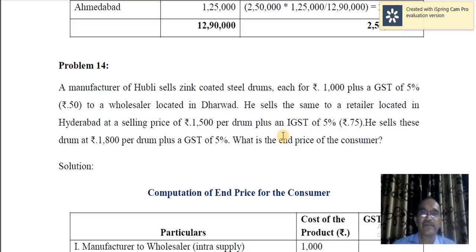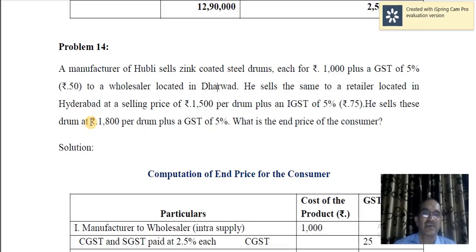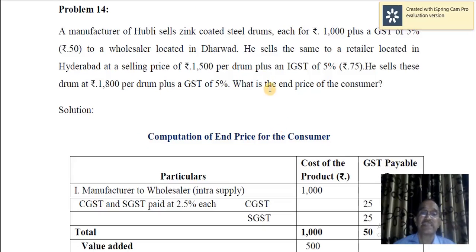And then he supplies it to a consumer in Hyderabad only. Here Hubli to Dharwad, intrastate. Dharwad to Hyderabad, that is interstate. And to the consumers in Hyderabad only, that is intrastate. Now what they ask is, what is the end price of the consumer?